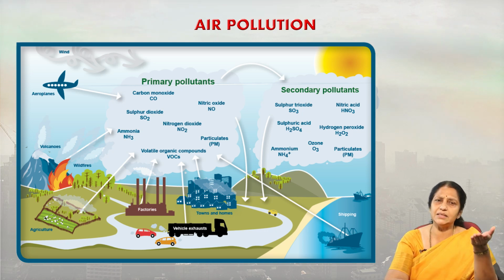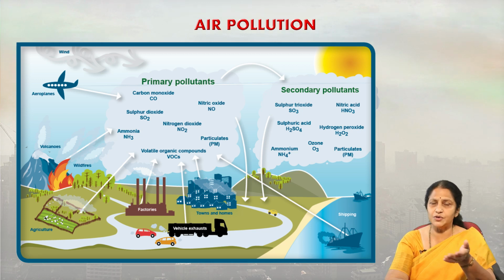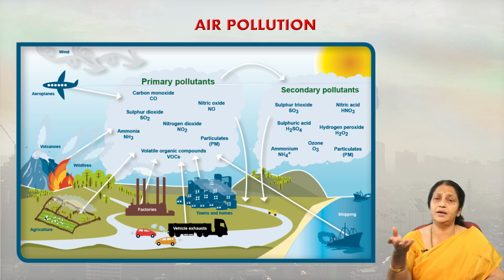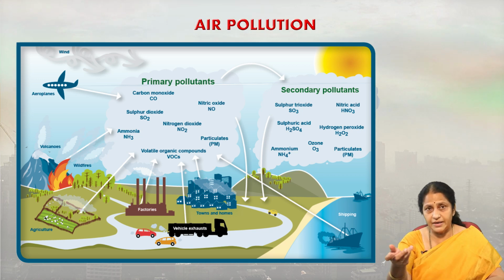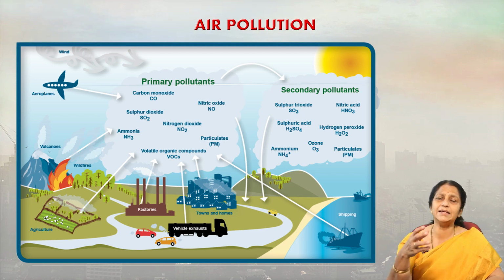Examples are carbon monoxide, carbon dioxide, methane, nitric oxide and nitrous oxide, ammonia, hydrogen sulfide and sulfur dioxide, chlorides, fluorides, bromides, and particulate matter and aerosols. All these are examples of primary air pollutants.